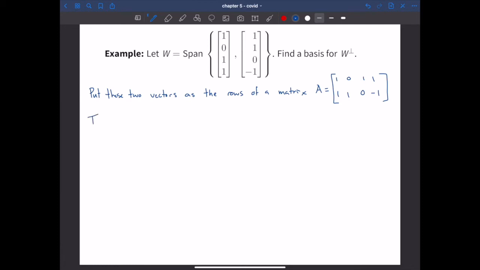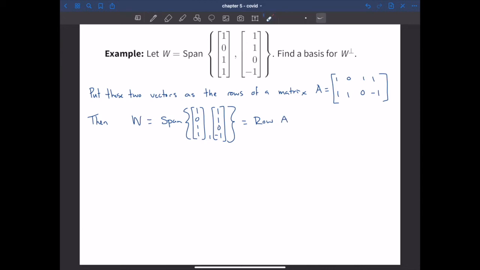Or in other words, W, which is the span of these two vectors here, 1, 0, 1, 1, and 1, 1, 0, negative 1. By definition, W is just the span of these two vectors, but these two vectors are the rows of the matrix A. So the space that's spanned by the rows of the matrix A is the row space of A.